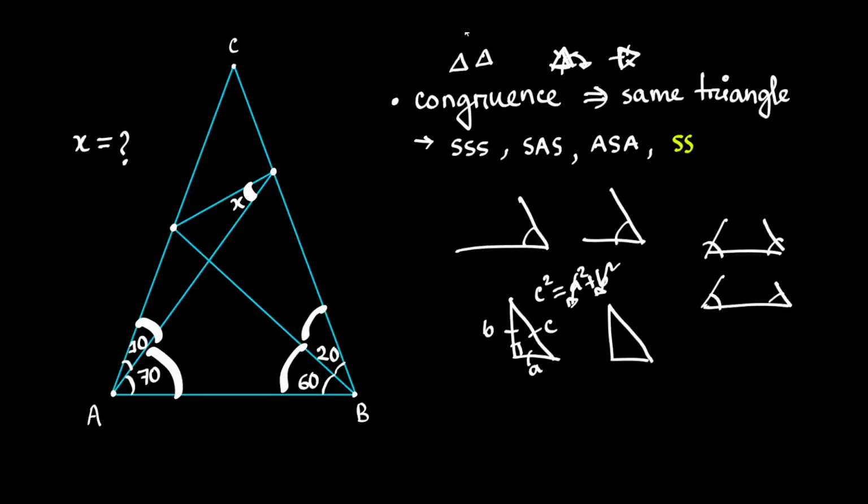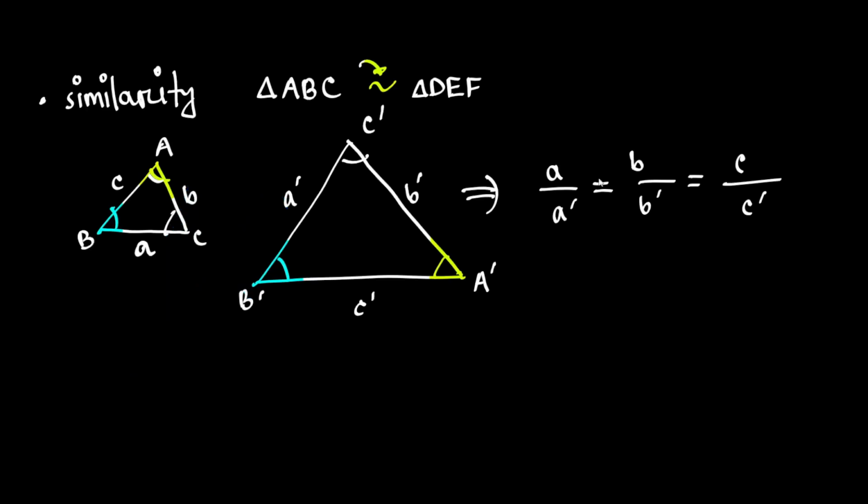In congruence, both of the triangles are exactly the same, just maybe in a different orientation, but they are the same triangle, same area, same everything. The corresponding things are the same. Here, corresponding things are similar, proportionate.